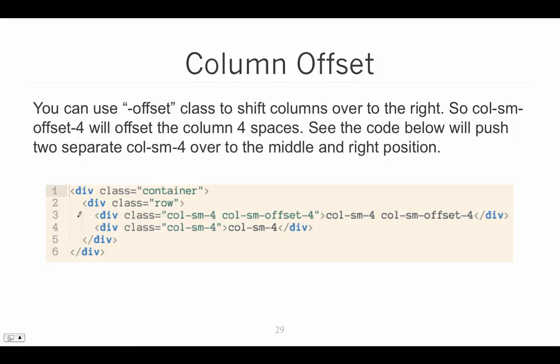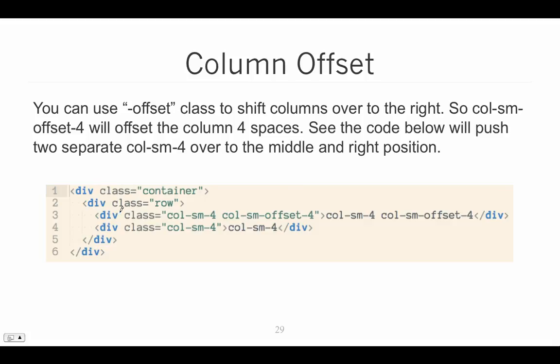So some other things you can do with columns is you can use the offset classes to shift columns over to the right. So col-sm-offset-4 will actually offset the column 4 spaces, or 4 units of the 12 unit grid. Okay. So if we look below here, this code will push 2 separate col-sm-4 columns over to the middle and right position.